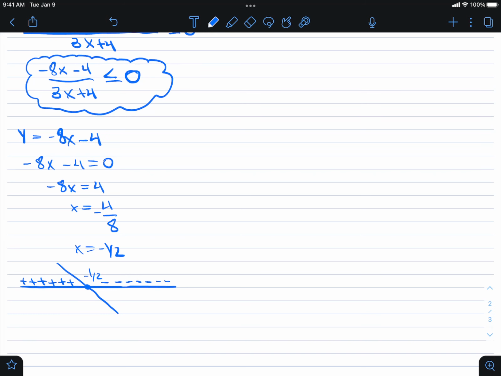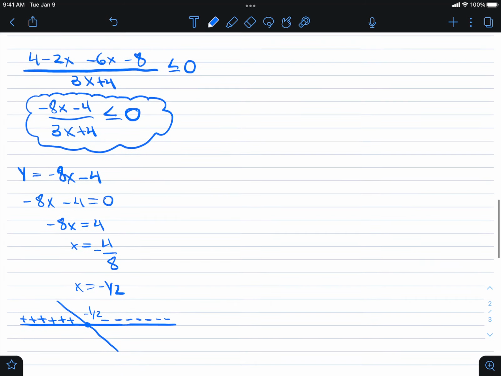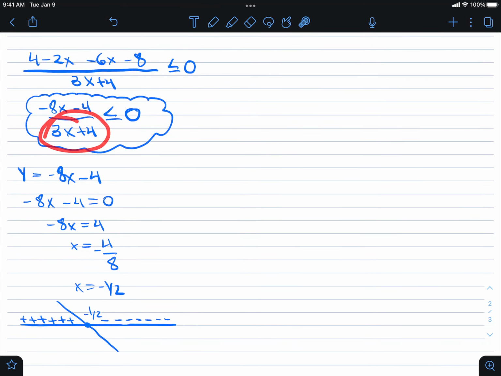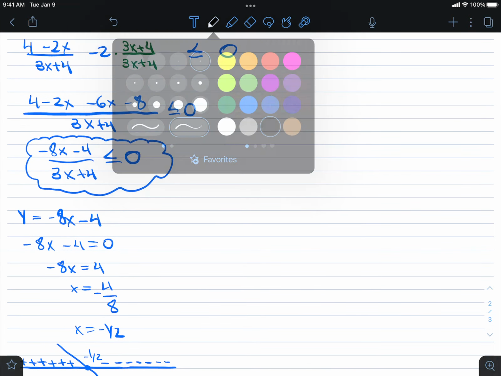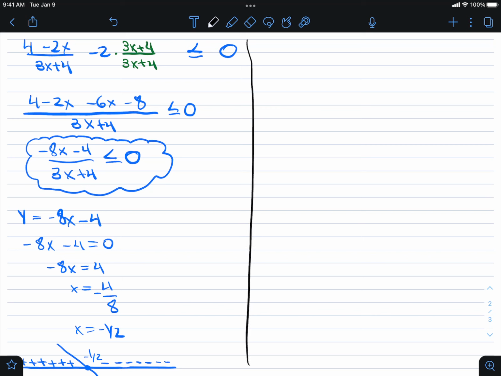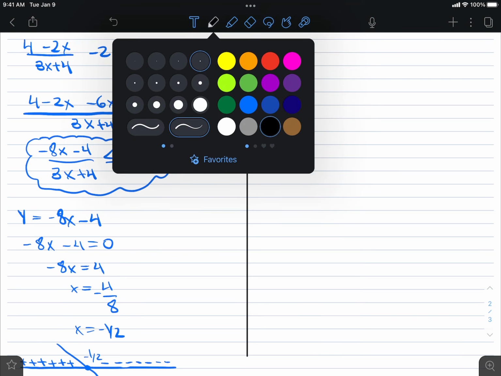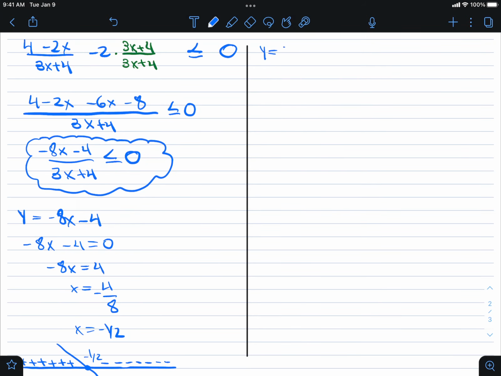Okay. So we're going to repeat this reasoning with the denominator of the fraction. So I'm going to split this up and repeat that with 3x plus 4. So when y equals 3x plus 4, the graph of this is instead an increasing line, right?